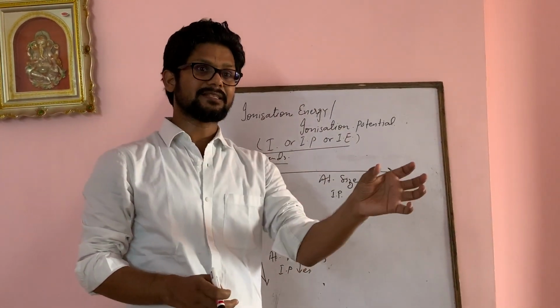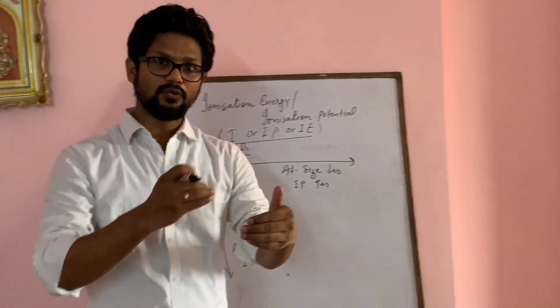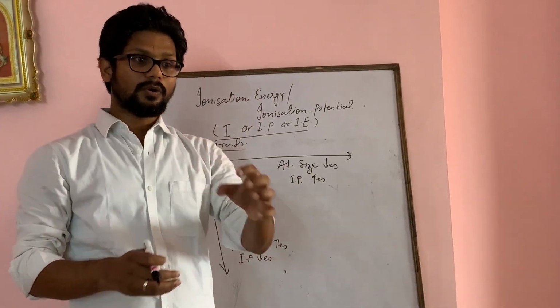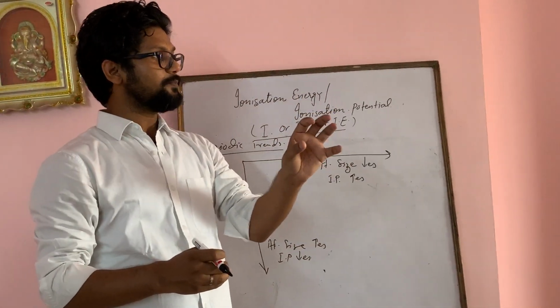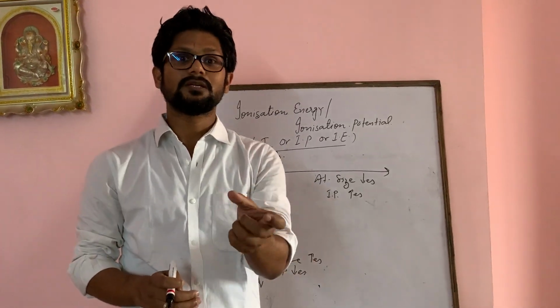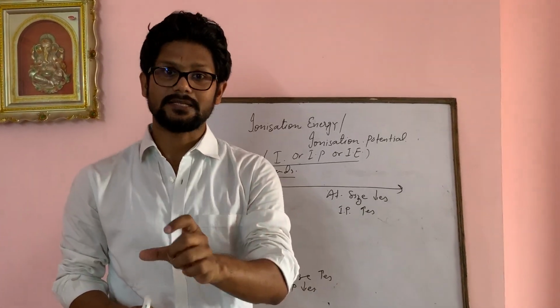So easily we can say if there is a high value of IP, it means it's showing acidic nature. If low value of IP, it means it is showing basic nature. One more thing you can say: if the IP of an element is low, that element will act as a reducing agent.